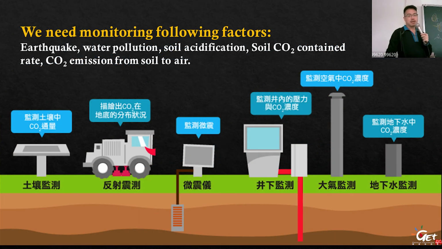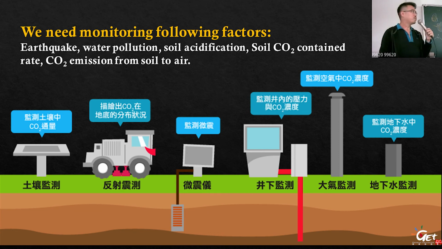These are some factors we need to monitor because we are in an earthquake area, right? If we have an earthquake, it might break the soil layer. And if this layer breaks, all the carbon dioxide we stored under the soil will be released to the air. So we don't want that, and we have a monitor to detect earthquakes.